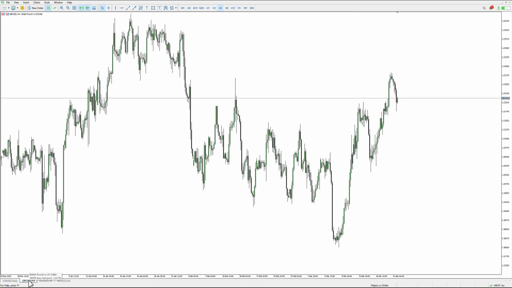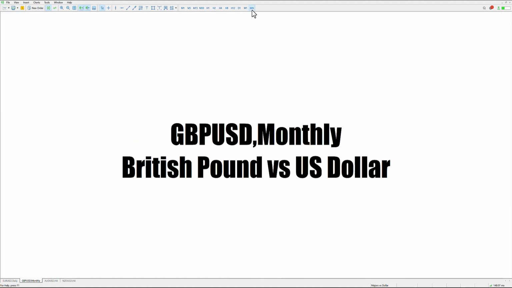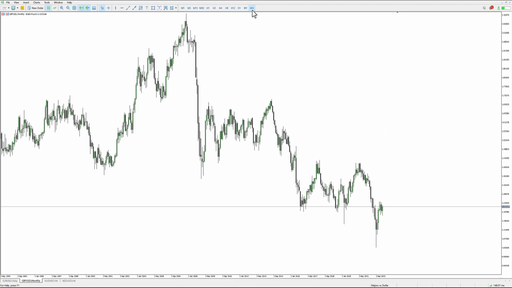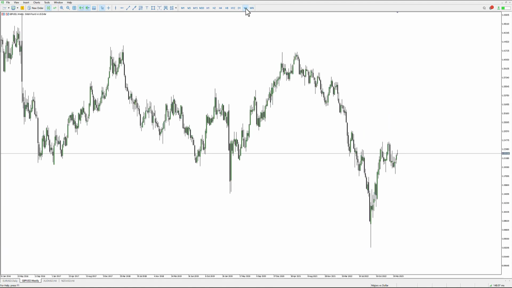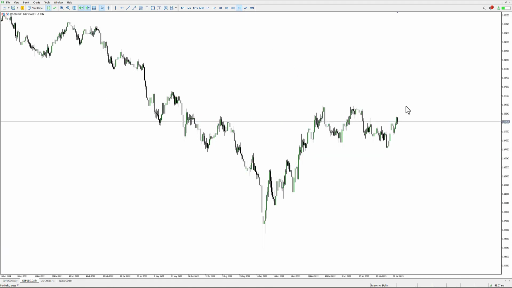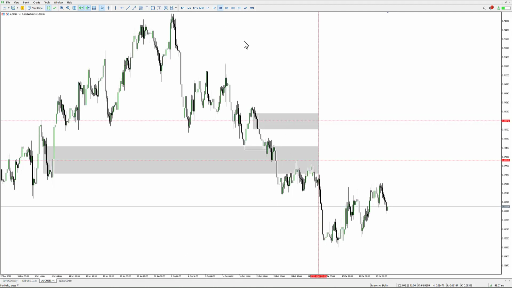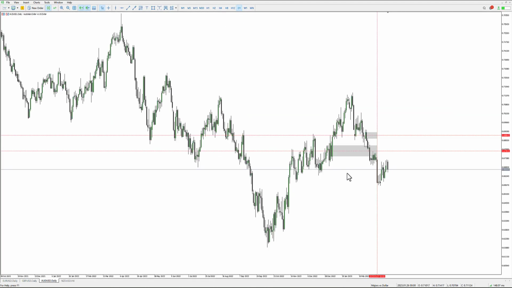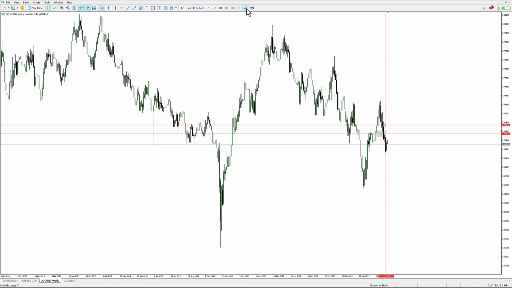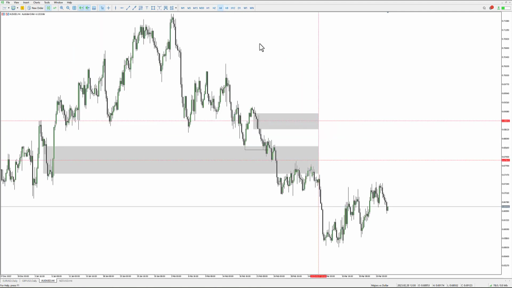Pound USD. Your homework now is to highlight your discount arrays where you are likely to go long on pound USD. Same applies on Aussie dollar. You highlight your discount arrays where you're likely to go long from.